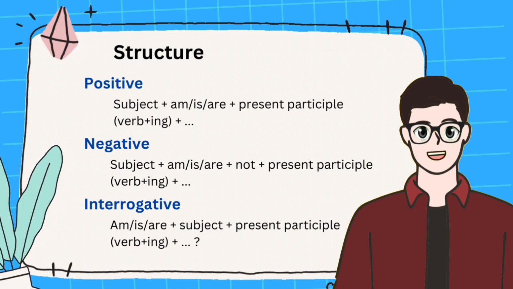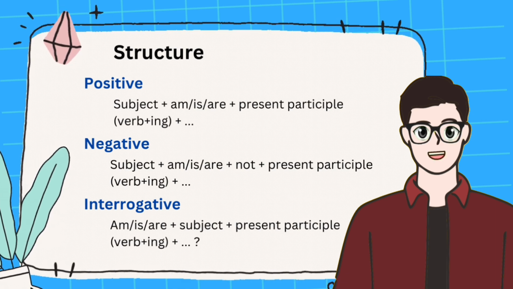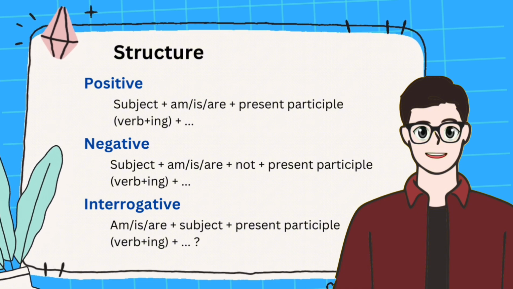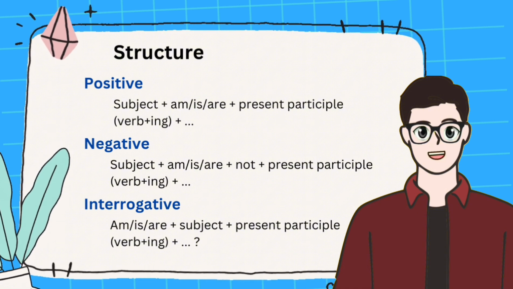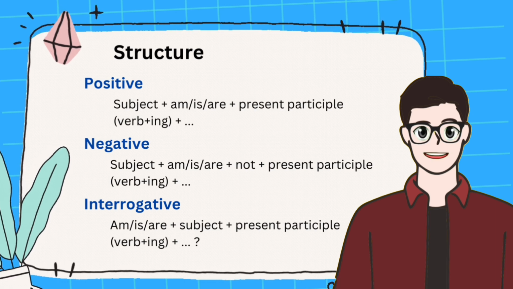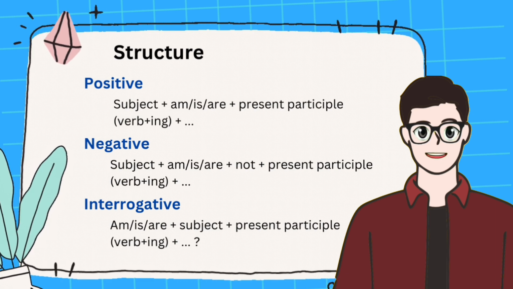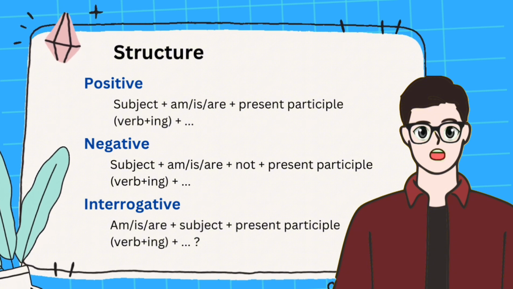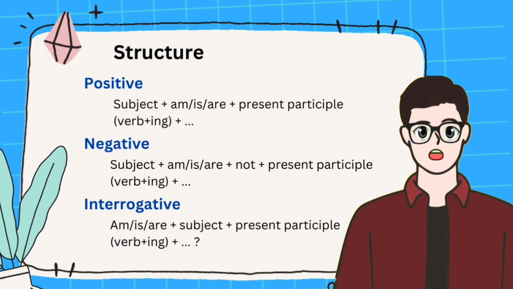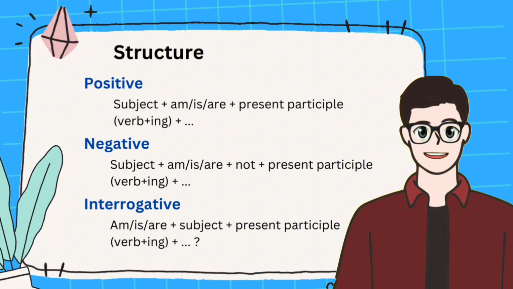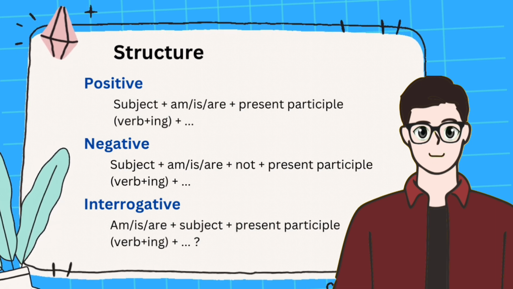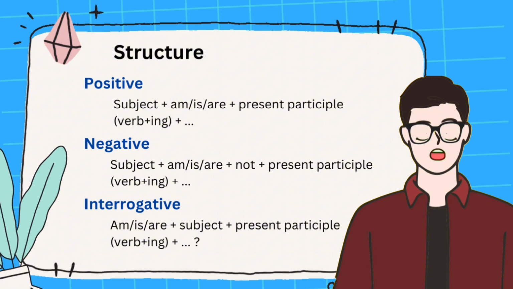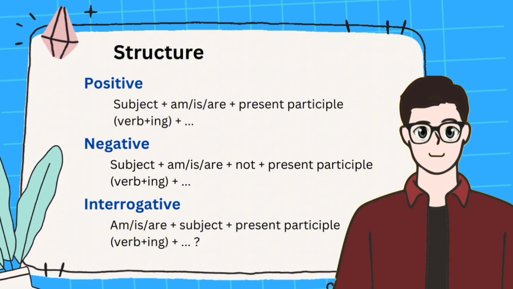The structure is subject, to be, plus not, plus present participle, and the end of the sentence. Interrogative: to ask a question in the present continuous tense, invert the subject and the verb to be. The structure is to be plus subject plus present participle, and don't forget the question mark.